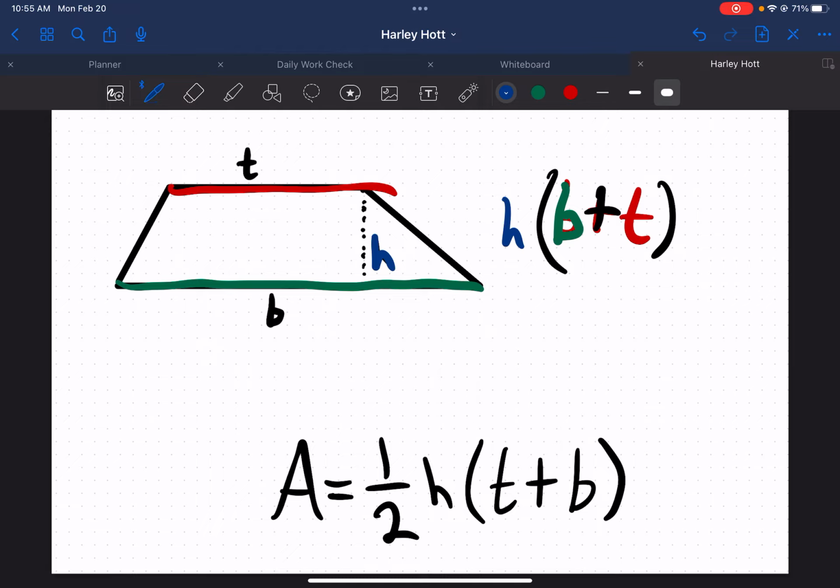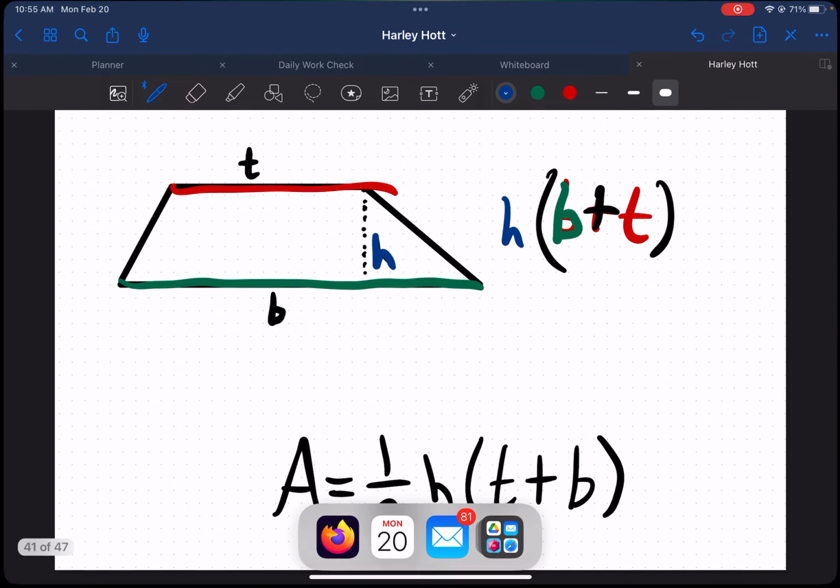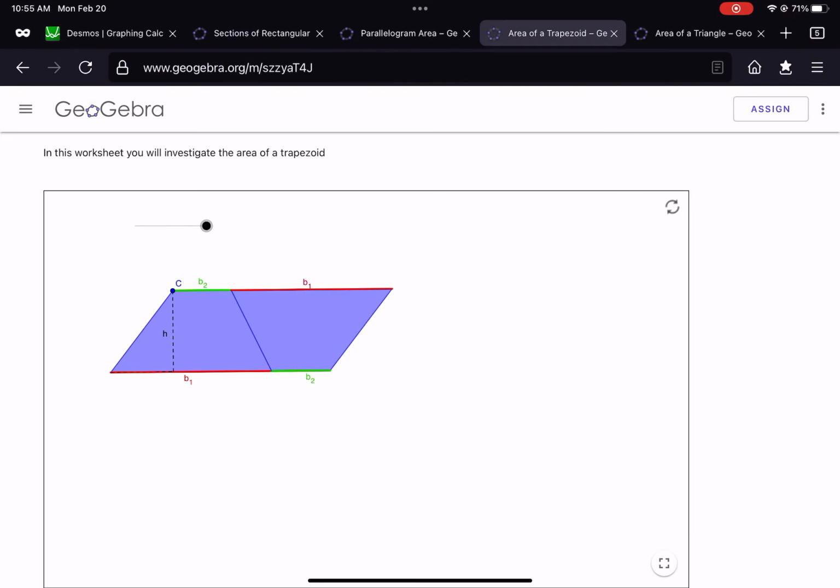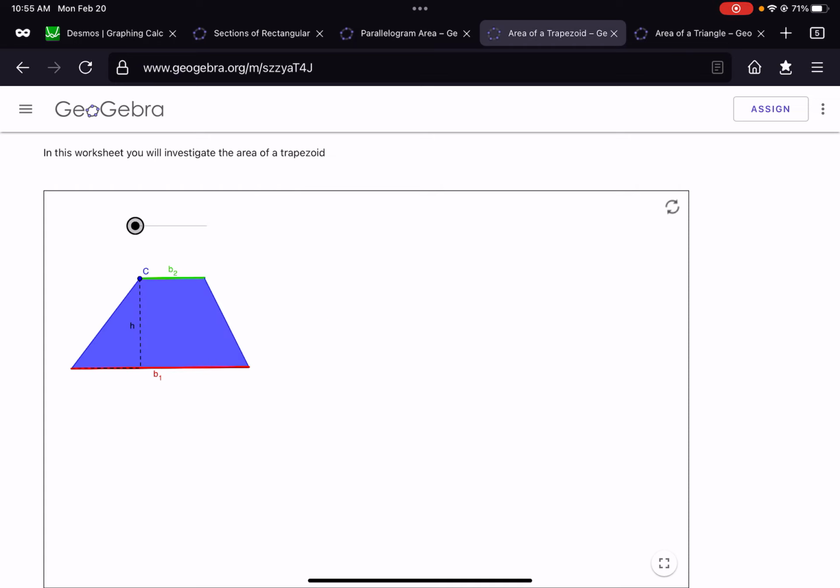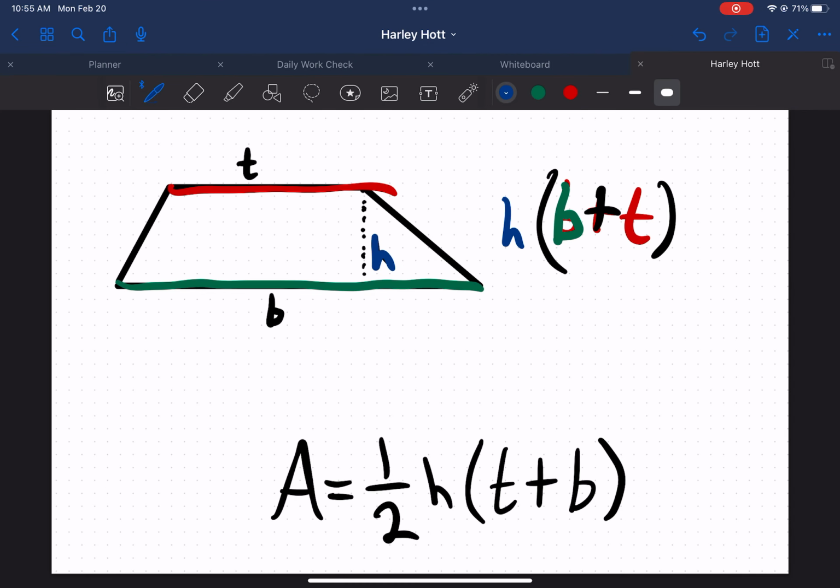But because we had to duplicate our trapezoid in order to create our new parallelogram, to go back to the area of just the trapezoid, we're going to have to take half of this. So the final thing is 1/2 of the height times whatever the combination of the base and the top will be.